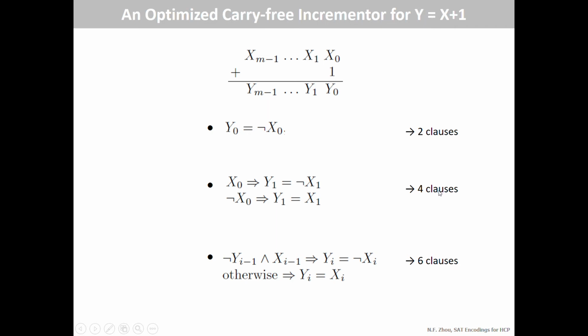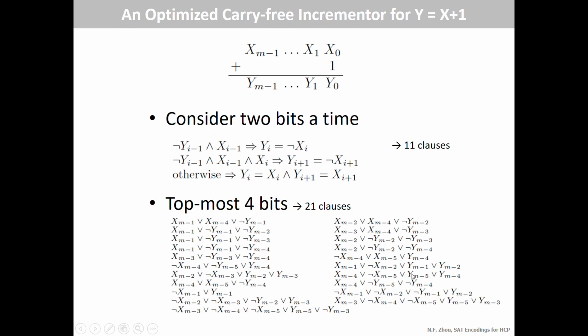For each of the other bits, if there is a carry, then these two are complementary, and otherwise these two are the same. For each bit, we need 6 clauses. Actually, we could do better. Instead of considering 1 bit at a time, we can consider 2 bits at a time. If there is a carry from bit i minus 1, then these two are complementary.